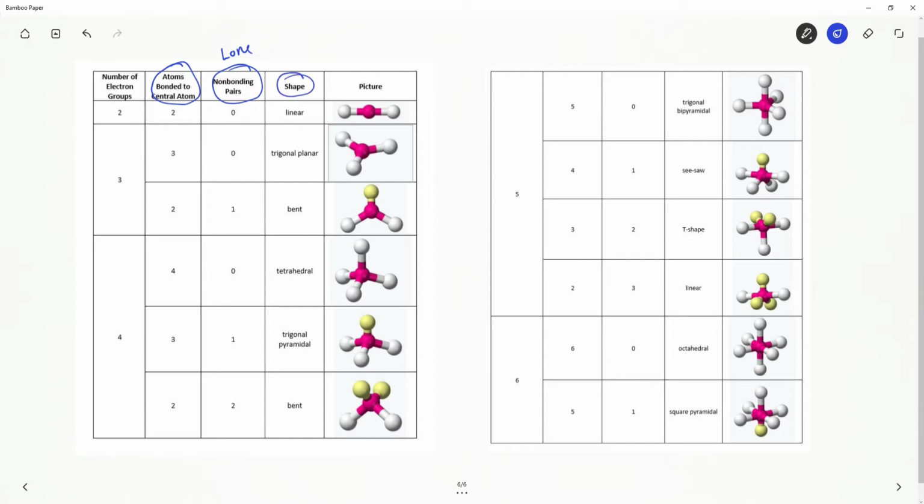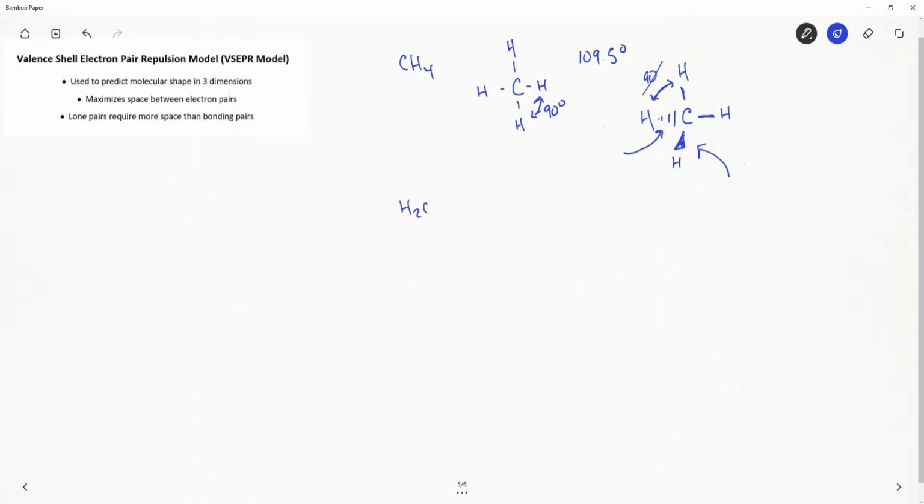Let's look at water. And let's get the Lewis structure for water. This drawing looks like there should be 180 degrees between these two hydrogen atoms, right? But the 3D model actually looks like this.